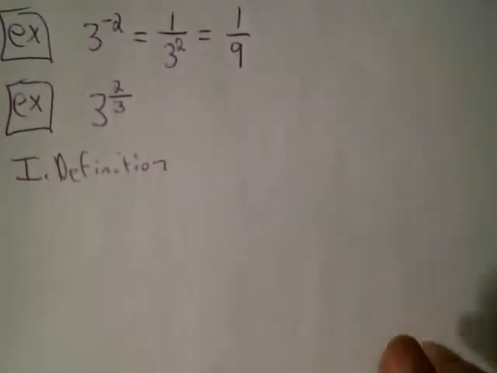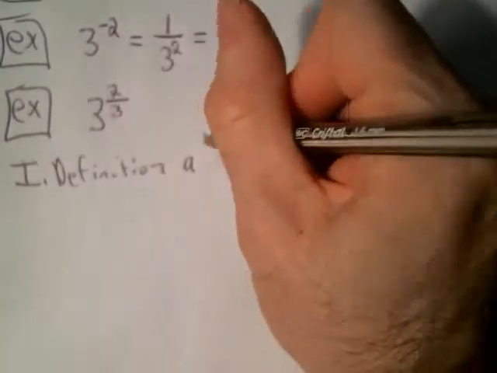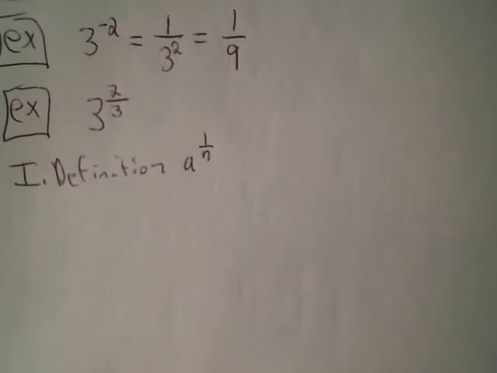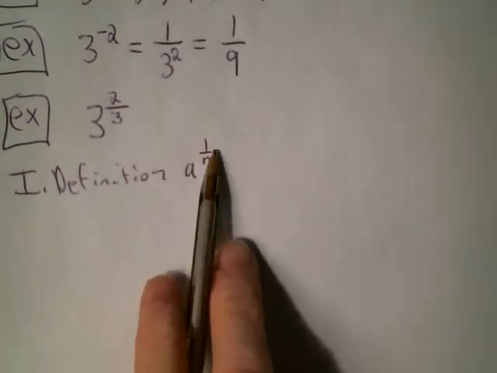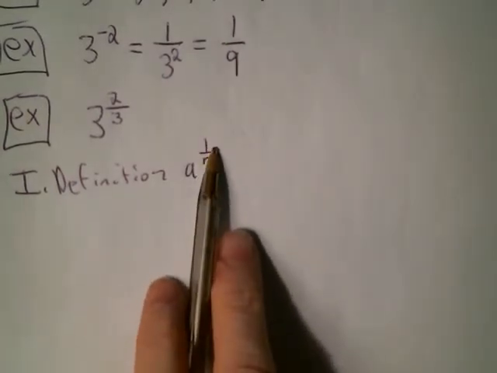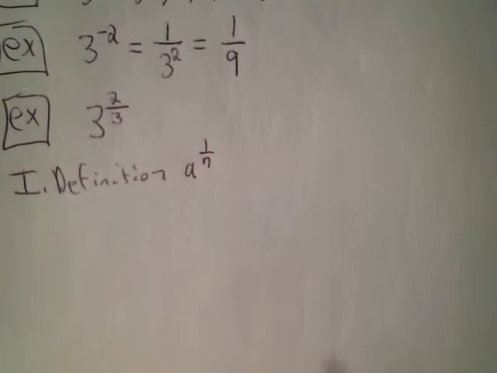The definition of a to the 1 all over n. So we're only going to worry at first about having a numerator of 1 in our fractions.